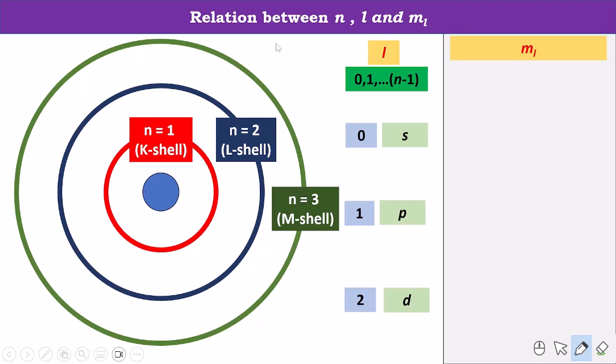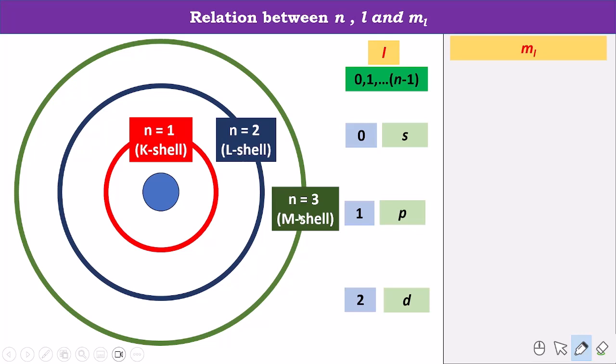Let's understand the relationship between principal quantum number, azimuthal quantum number and magnetic quantum number. According to Bohr's atomic model, at the center there is a nucleus. Around this nucleus there are shells. This first shell having principal quantum number 1 is called the K shell.